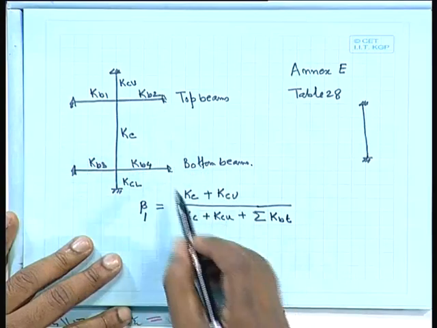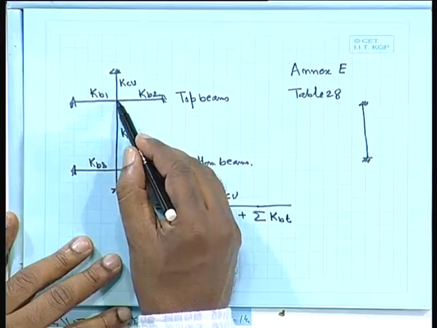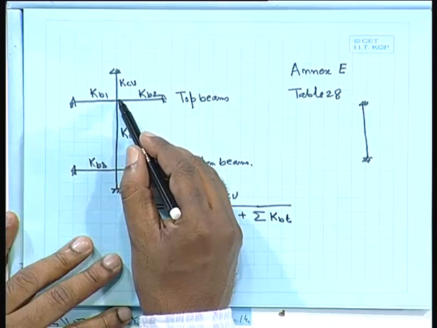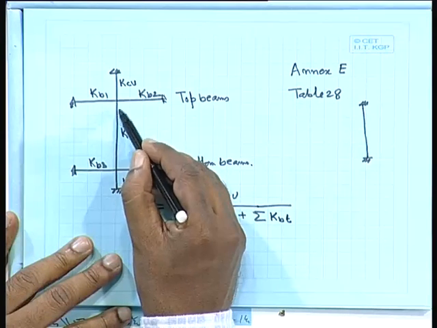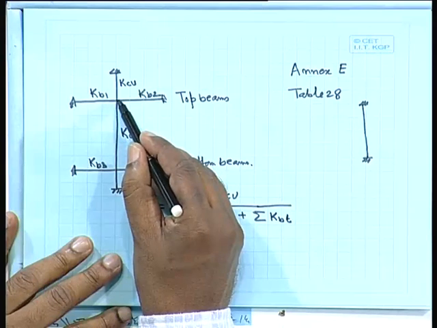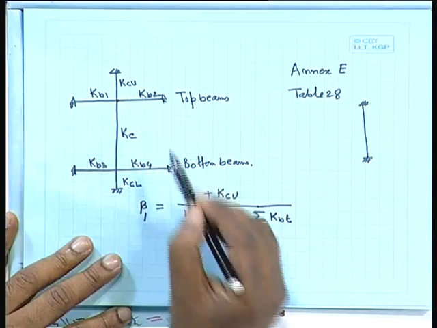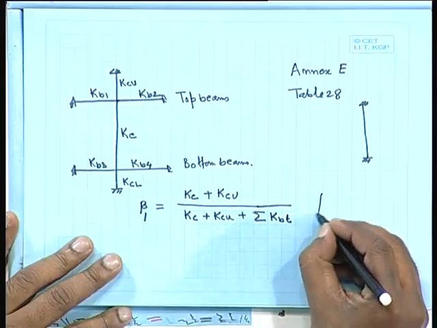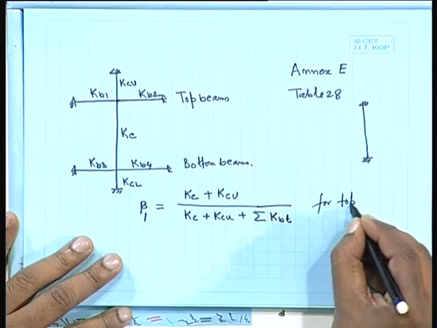That gives us one parameter, the relative stiffness, the percentage, and that is beta 1 for the top joint.